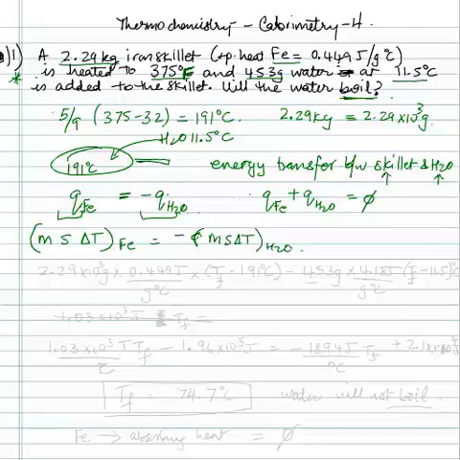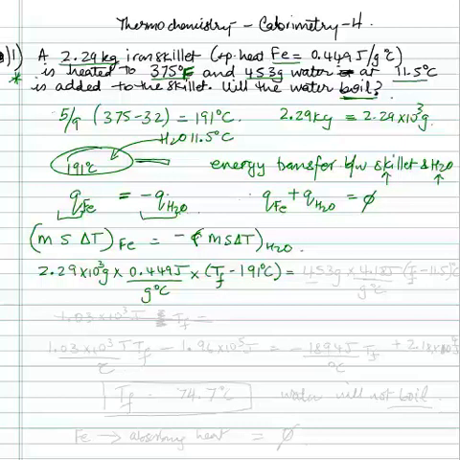Let's go ahead and plug in all the numbers that we have. For iron, the mass is 2.29 times 10 to the power of 3 grams, times the specific heat, which is 0.449 joules per gram degree Celsius, and the delta T. Now we don't know the final temperature of the skillet, because that's what we are trying to calculate. The initial temperature is 191 degrees Celsius.